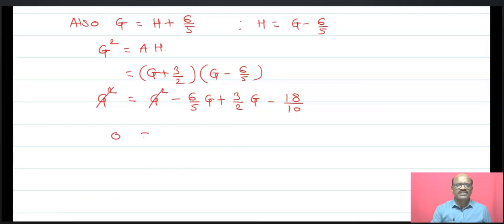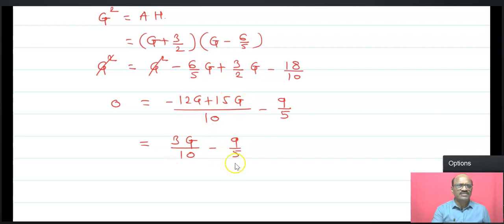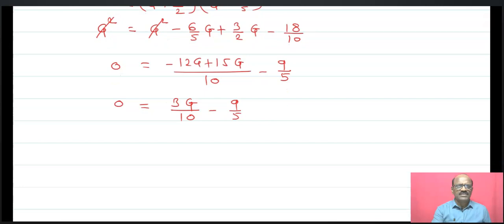Now on both sides G square gets cancelled. Then you will get minus 12G plus 15G upon 10 minus 9 by 5, that is 3G upon 10 is equal to 9 by 5.